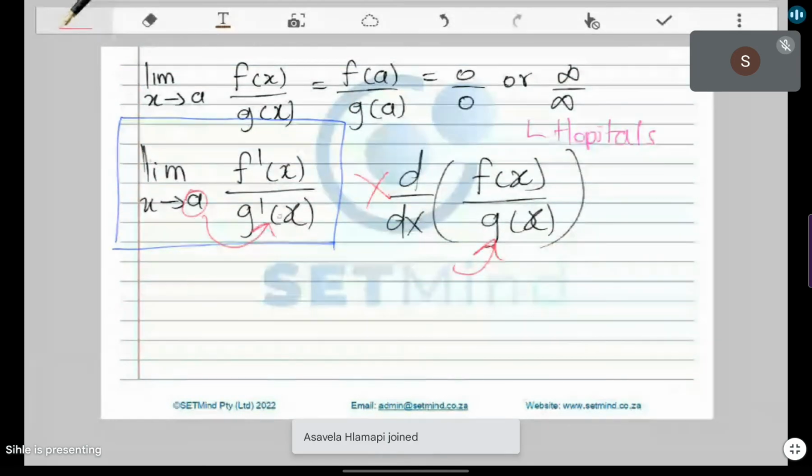Try plugging in the a again. If you still get 0 over 0 or infinity over infinity, derive again for the second time. So that's what the rule says. I hope that answers the question.